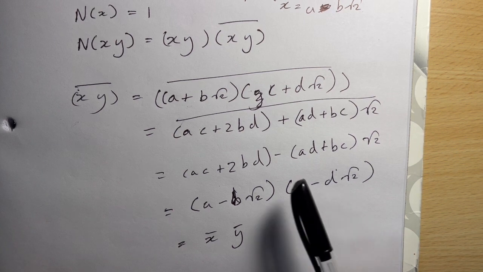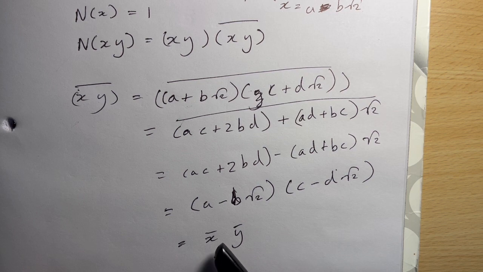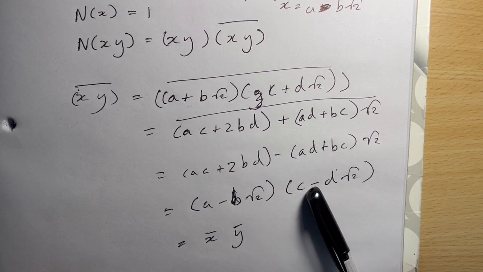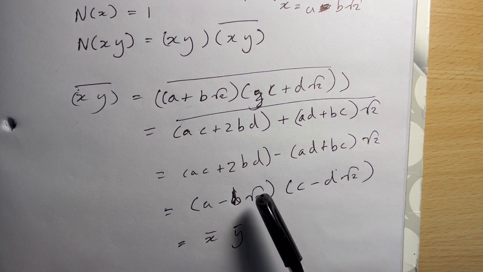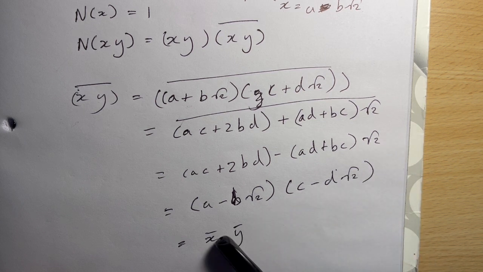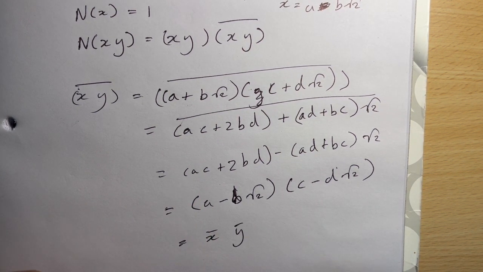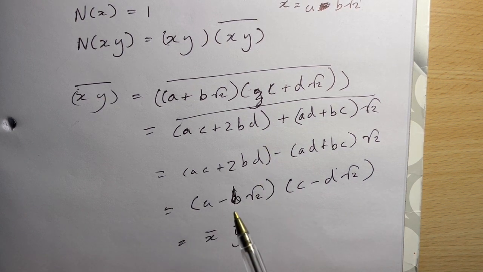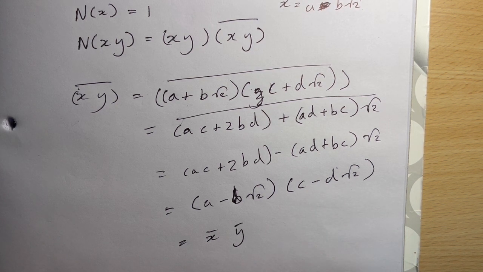Well, it's because all we're doing is everywhere we're replacing the square root of 2 with minus square root of 2, right? But the thing is, minus square root of 2 and square root of 2, they have the same properties, right? They satisfy the same polynomial.